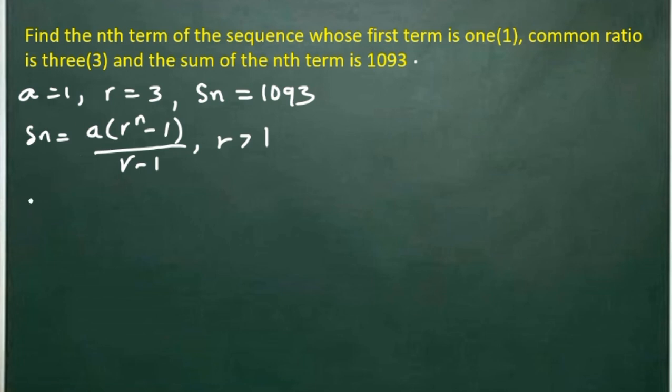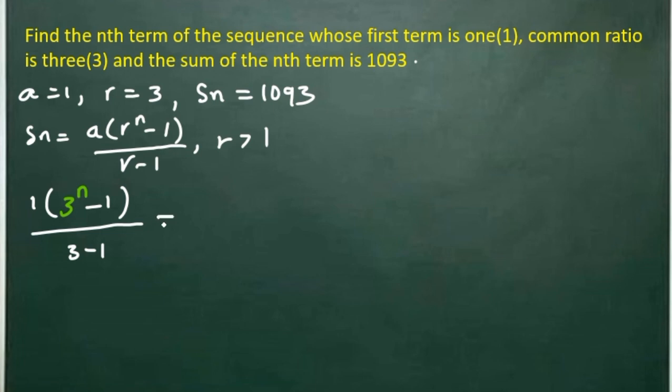Alright, so now let's carry out substitution. a is 1, so we have 1. r is 3, so we use 3 to the exponent of n, minus 1, and this is being divided by 3 minus 1.